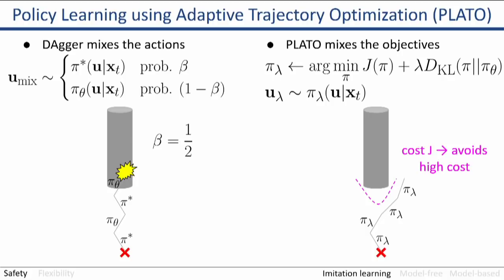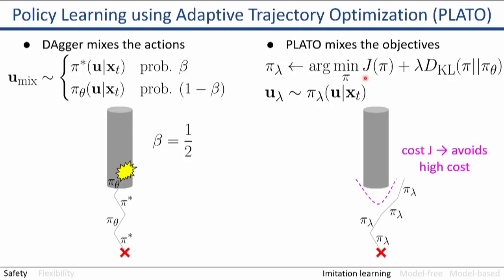But pi is the output of the neural network, right? Right, we say the neural network outputs a mean and a standard deviation. Which policies is the KL divergence between? It's between our current learned policy pi theta and the policy pi that we're optimizing for. Which is not pi lambda? It will output pi lambda, so it's the argmin over pi.